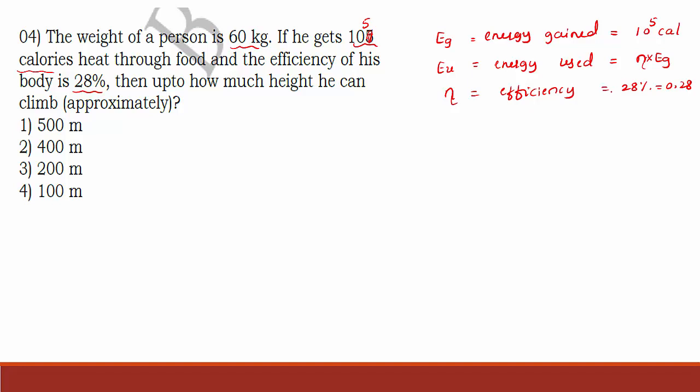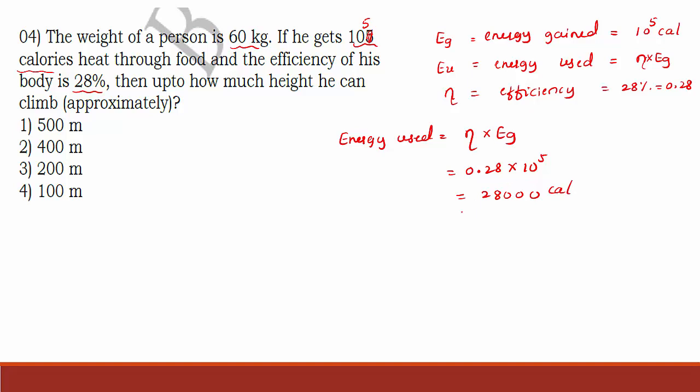Now we can write energy used is how much? Energy used means eta efficiency into energy gain, that is 0.28 into 10 raised to 5. So it is simply 28,000 calories.